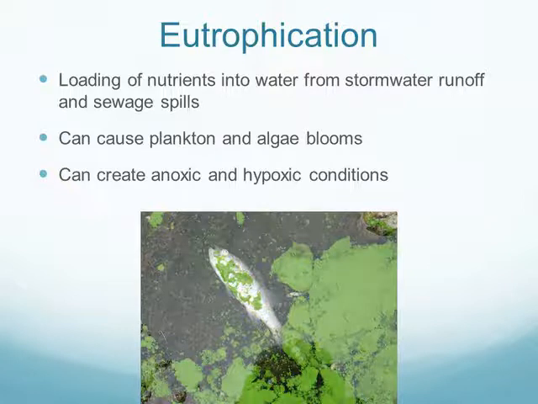Okay, so as we mentioned a little bit in the effects on coral reefs, eutrophication not only affects coral reefs, but it also causes anoxic and hypoxic conditions. So anoxic, the A is just Latin for none. So anoxic would mean no oxygen conditions.